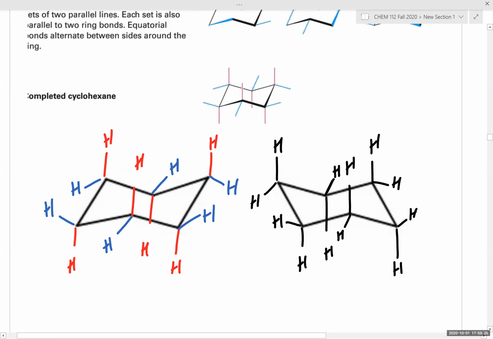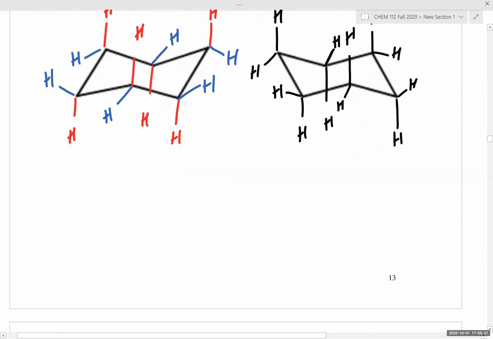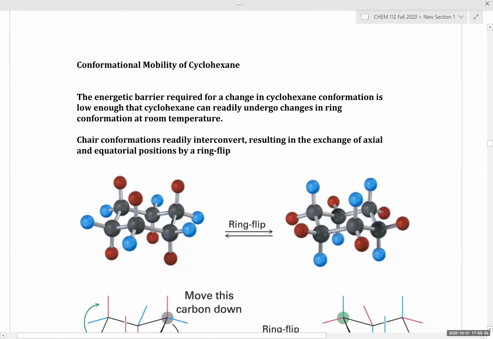Okay, perfect, perfect. So let's keep going now, and let's talk about the conformational mobility of cyclohexane. So the energetic barrier required for a change in cyclohexane conformation is low enough that cyclohexane can readily undergo changes in ring conformation at room temperature.